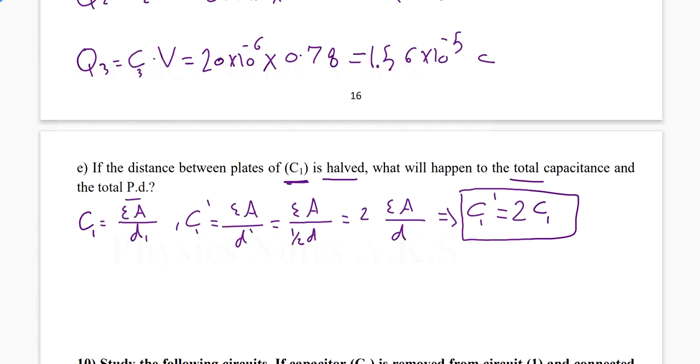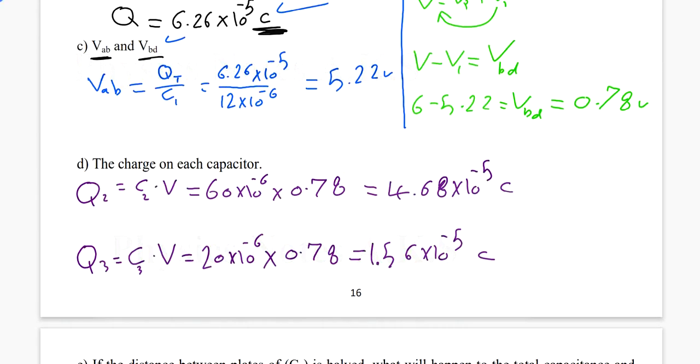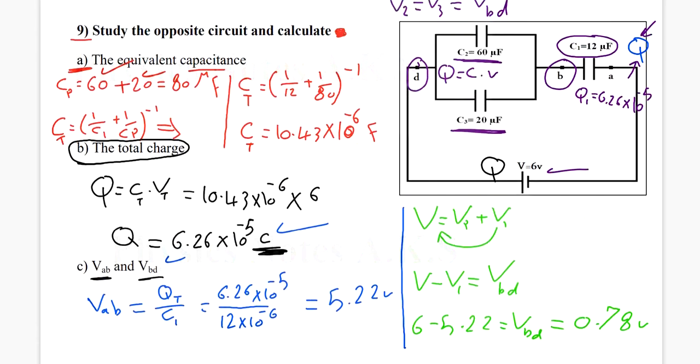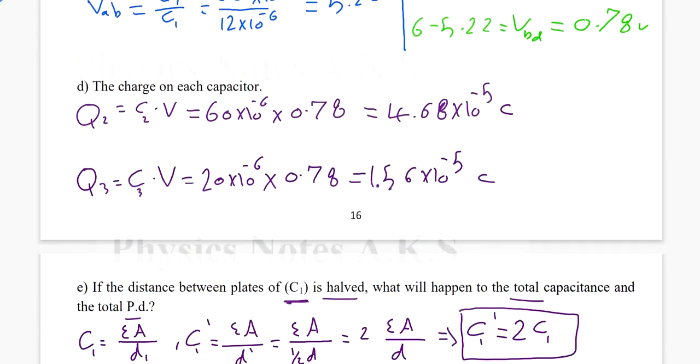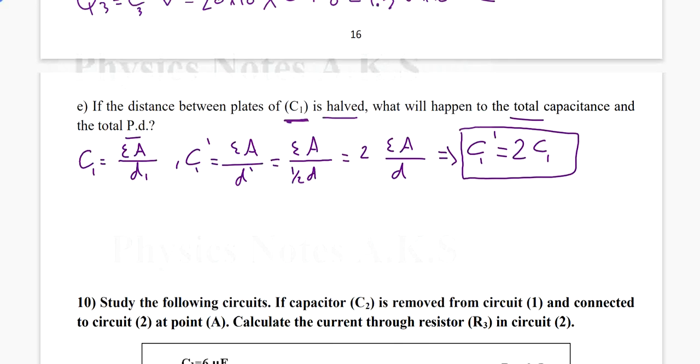Okay, so the total charge will increase, right? The total charge will increase. I will find the total capacitance. C total is going to be 1 over the parallel combination, it is 80, plus 1 over, instead of 12 it became 24, right?